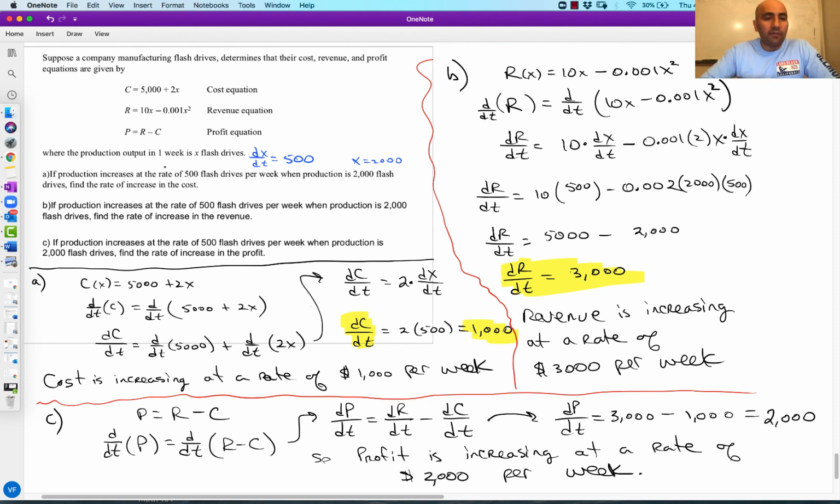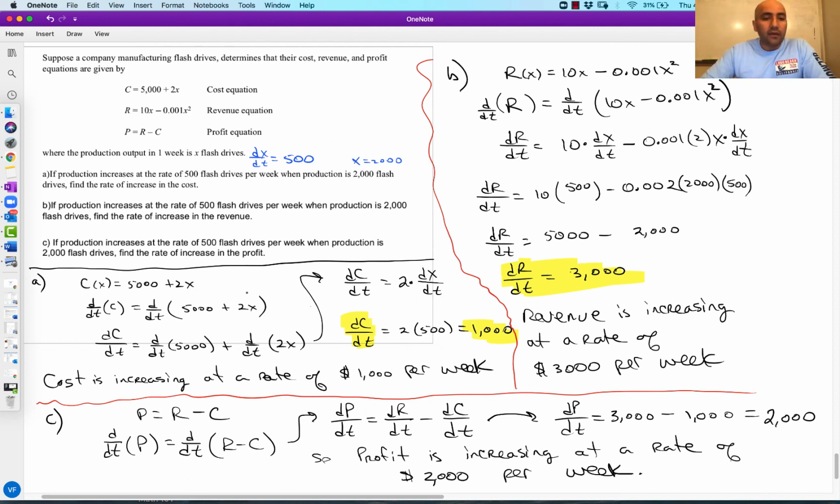So consider how that impacts the way the cost is changing, the way the revenue is changing, and the way that the profit is changing per week as we're implementing this change. Okay, so for each one of these, we really just have to take the derivative with respect to t of each one of these functions and then plug in the values we have. So it's really a pretty straightforward question.